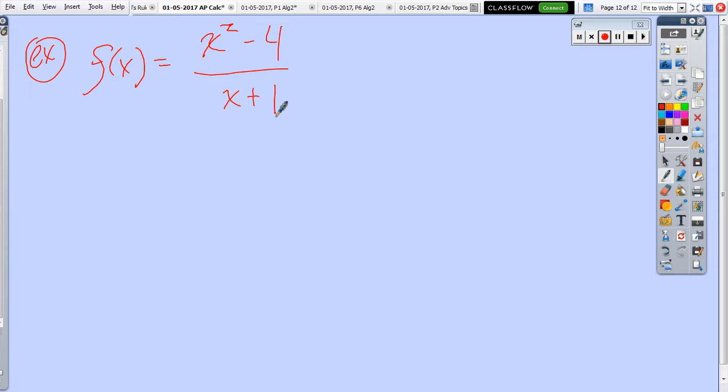Here's the thing, guys. If I let you do it on your own, I'm not going to have time to show you how it's done. Quotient rule is actually up on the board from a while ago.